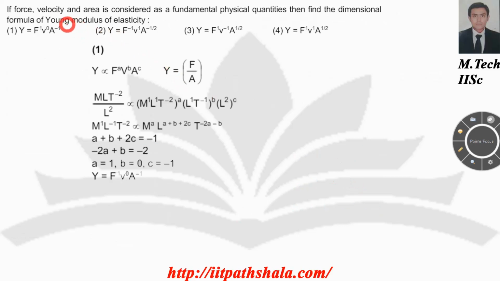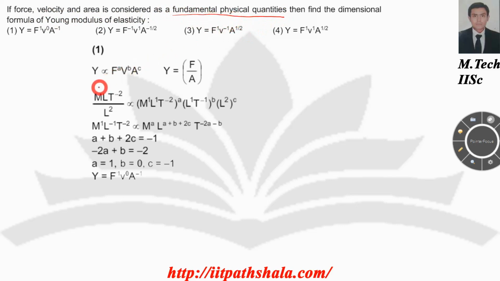Now in the following question, if force, velocity, area is considered as a fundamental physical quantity, then you have to find the dimensional formula of Young's modulus of elasticity. Now he has given you that force, velocity and area are considered as the fundamental physical quantities. Okay, that's your clue.